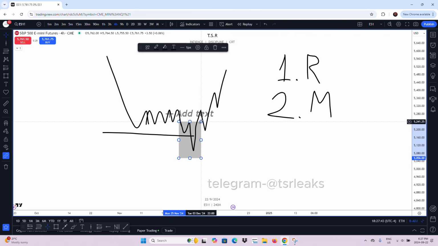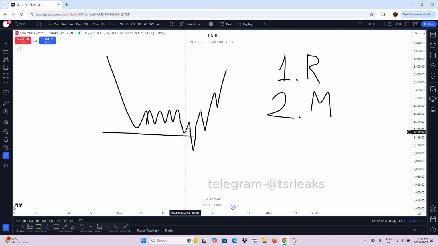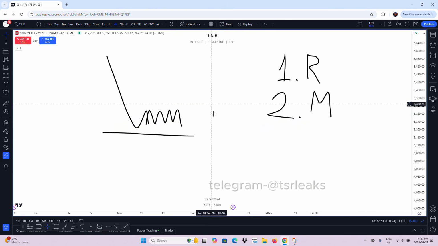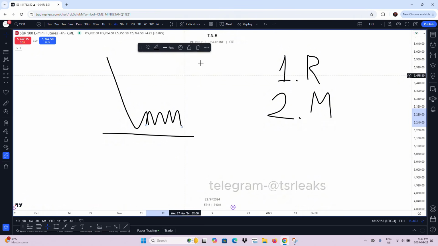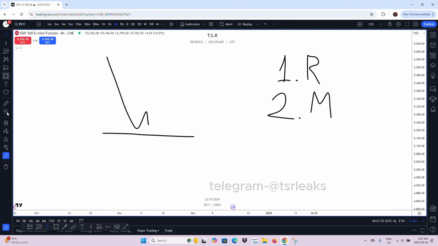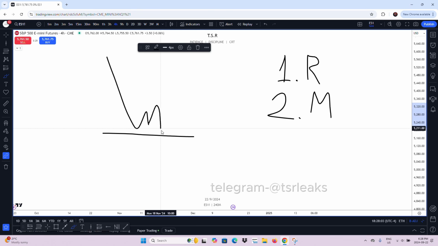Well, first off, in that case, you will see something like this. Give me 1 second here. Let's remove this. In the situation where we would anticipate the retracement, we would see something like this.